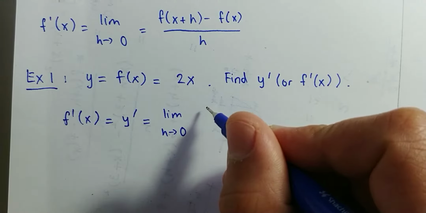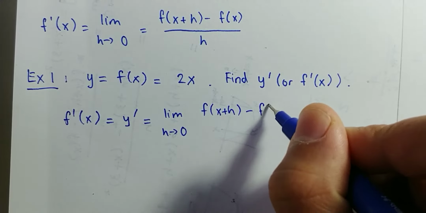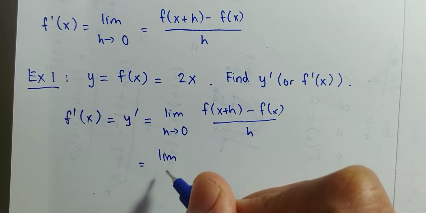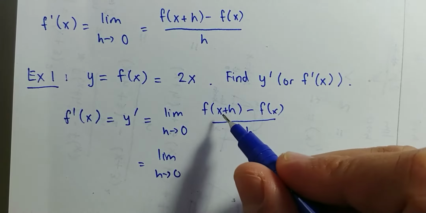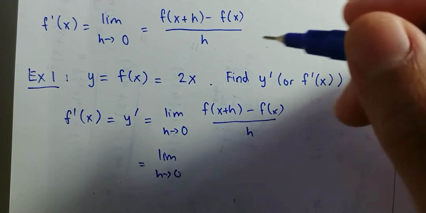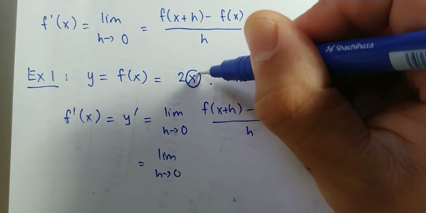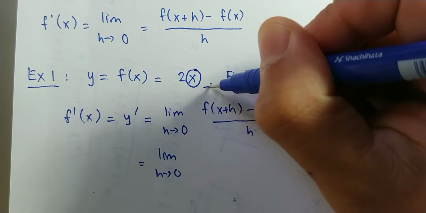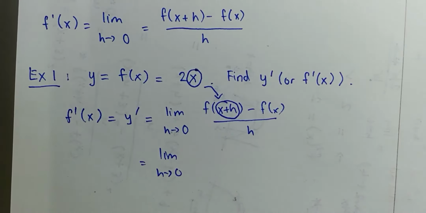Now, I'm just going to rewrite this formula again, over h. Now, in the next step, I'm going to start to substitute that into my function. The way it works is that you look for where the x is, then you replace that by this x plus h.